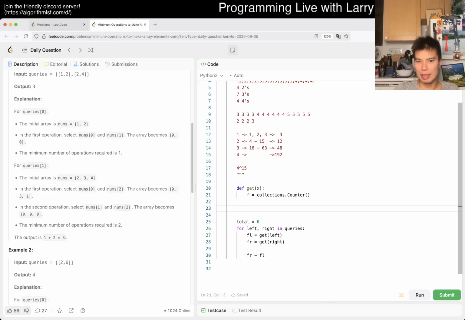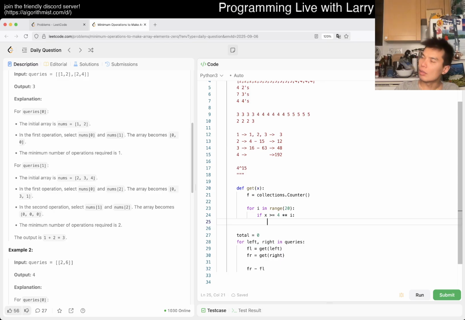We're gonna say, in range of 20, say, if x is greater than or equal to 4 to the i, then okay, let's say it's 100.